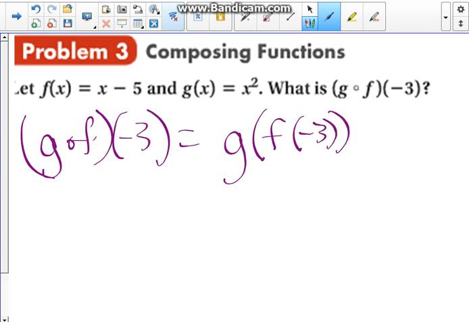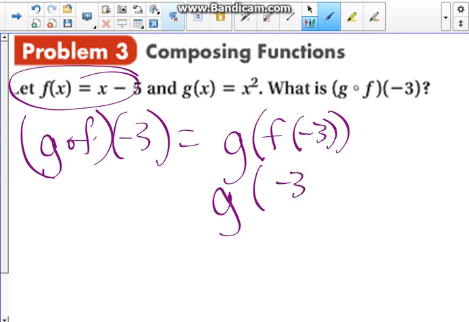And so what we want to do is work the innermost composition first. So the f of negative 3. And we know that f of x is equal to x minus 5. So I'm going to keep my g out here, and then what's on the inside is my f function, and we're going to replace x with a negative 3.